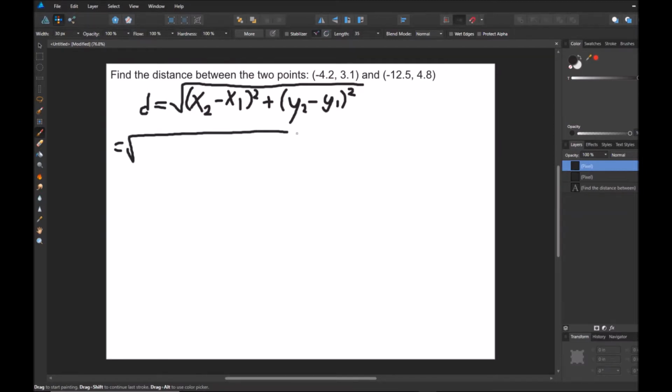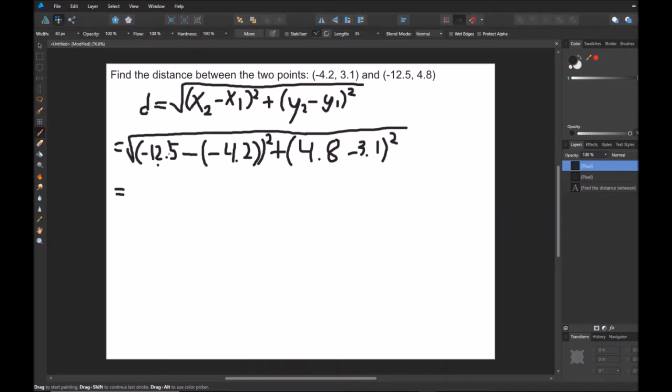So x2 in this case is negative 12.5, so negative 12.5 minus negative 4.2, which is x1, and then that whole thing squared, plus 4.8, which is y2, minus 3.1, which is y1, and that whole thing is going to be squared. And let's carry over this square root sign.